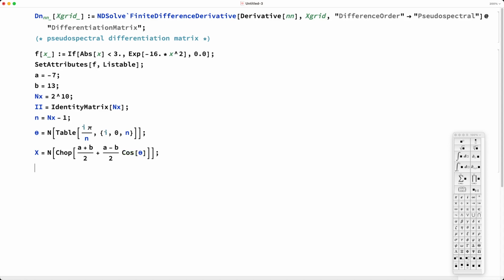Okay, so this sets up the spatial grid, as we've done before when we did pseudospectral differentiation, and now we need to set up a time grid.